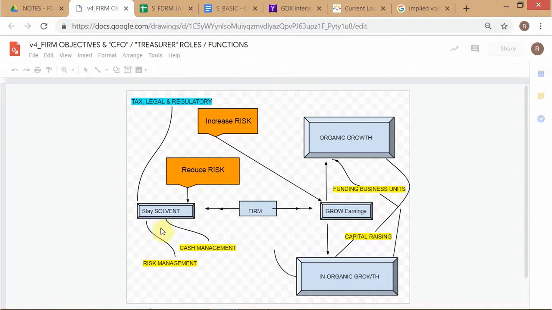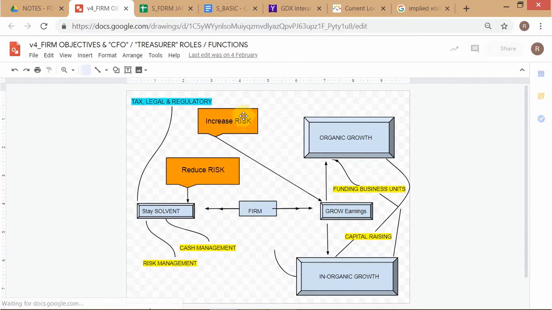The trade-off between the pleasure of looking at WhatsApp in the class and the risk of getting caught and losing points, that's also a trade-off. The firm is facing a trade-off between growing earnings and staying solvent. To grow earnings, you have to increase risk. To stay solvent, you have to reduce risk. These are mutually contradictory, so that's why you have a trade-off.